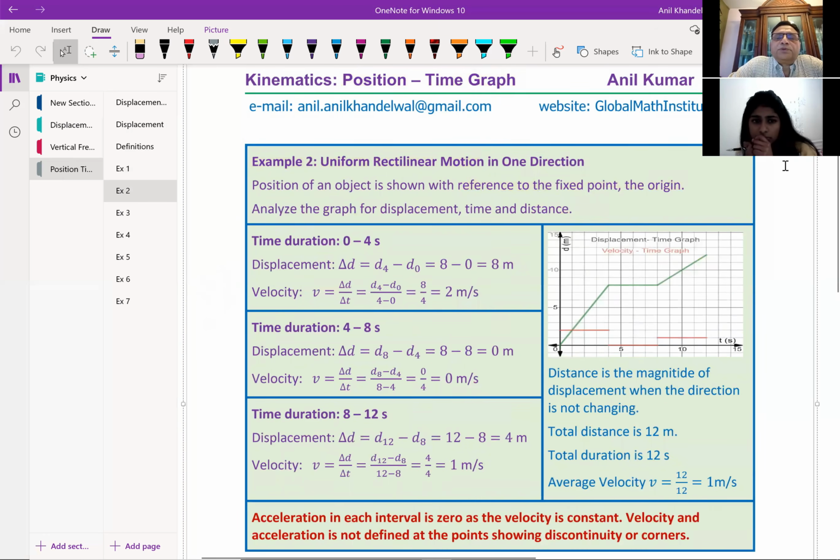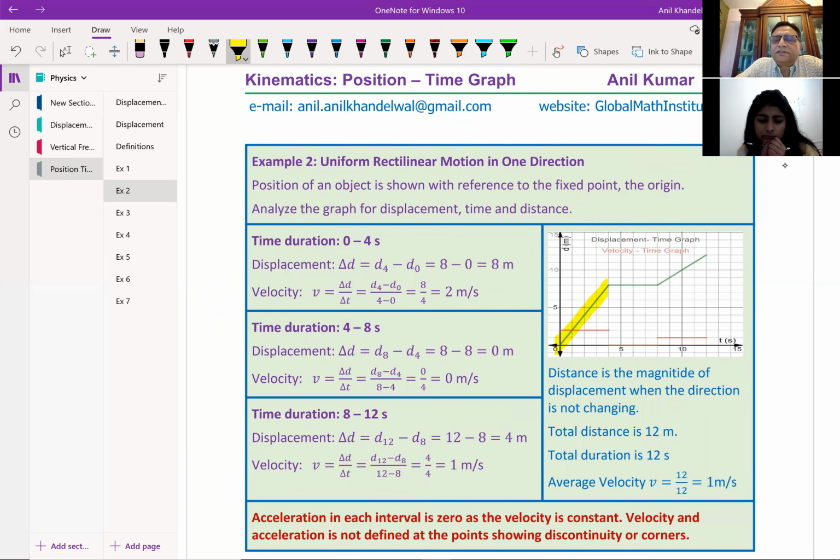Okay, example number two. Uniform rectilinear motion in one direction is almost the same thing. However, there is one particular difference. You can see from the graph that in the first part, the object is moving, and as the object moves, the position is changing and it is increasing all the time linearly.